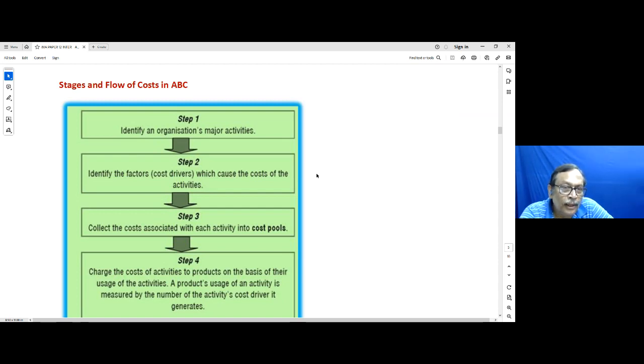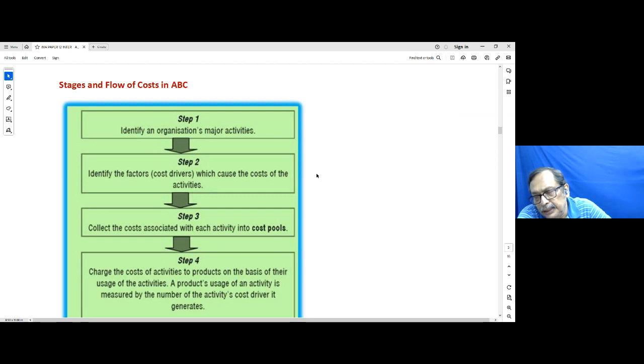And for that you are going to incur certain cost, and these are costs for which customers are not going to pay you any money. So that is called non-value added activities. So in step 1, what I have said, identify an organization's major activities.